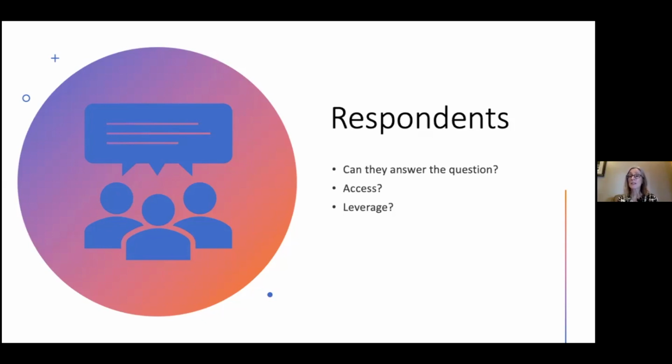Do you have access? Again, do you have access to faculty? Do you have access to patients? If you're going to send this survey by mail, how do you know everybody has an address?